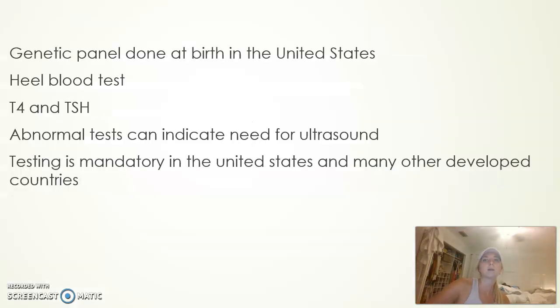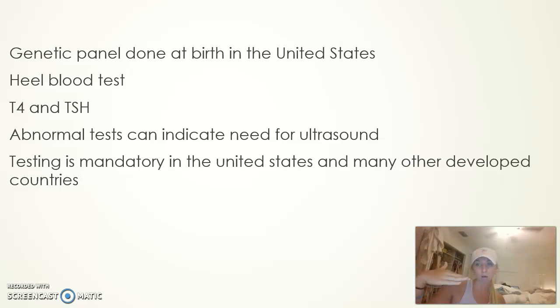All right, so now we have our genetic testing information. Basically, in order to test for this, a genetic panel is done at birth in the United States and most other developed countries. This is a heel pinprick in newborns. They will take a pinprick of blood from the heel and do the test that way and check for the TSH levels and the T4 levels, which are your thyroid measuring levels.